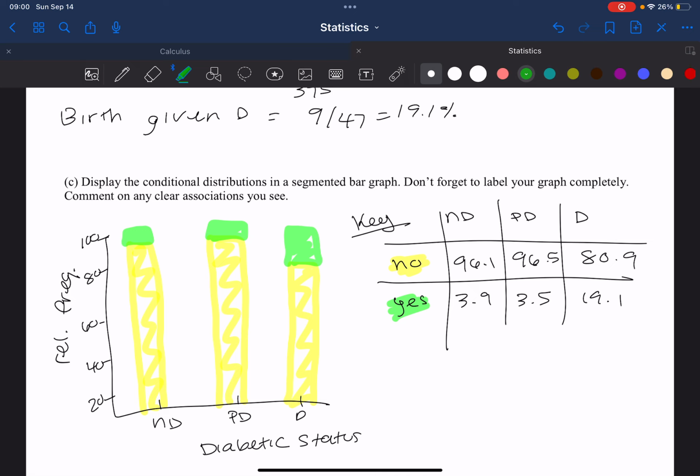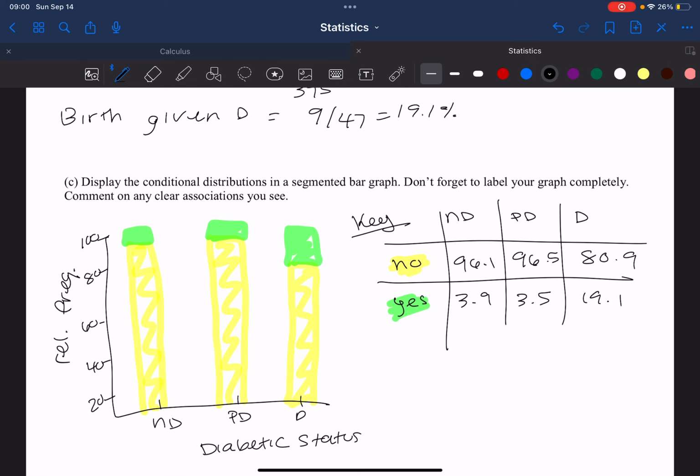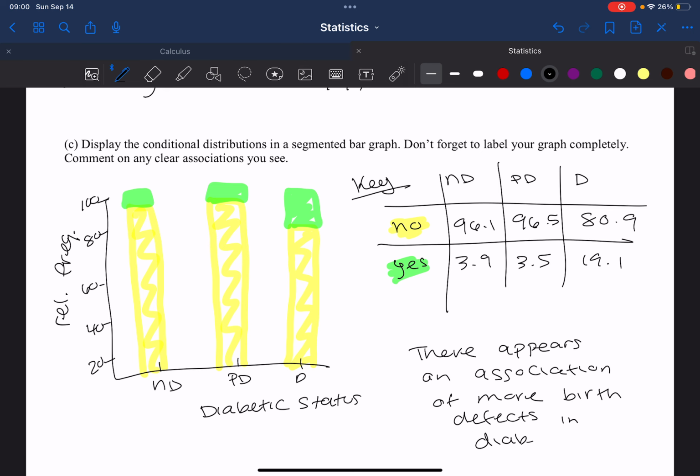Well, if we look at each of these bars, we'll notice that diabetic is the only one that has the greatest yes for birth defects. So we could say there appears an association of more birth defects in diabetic women.